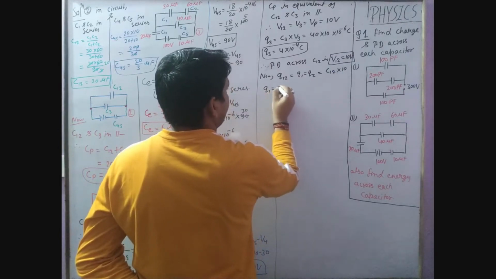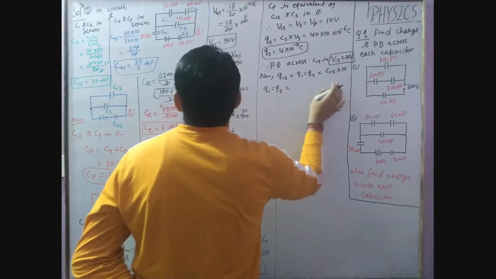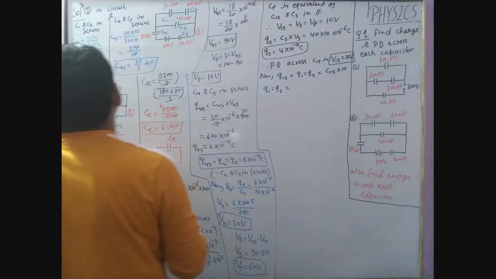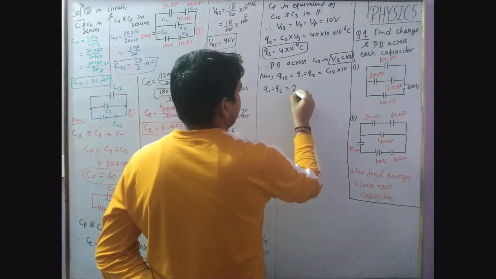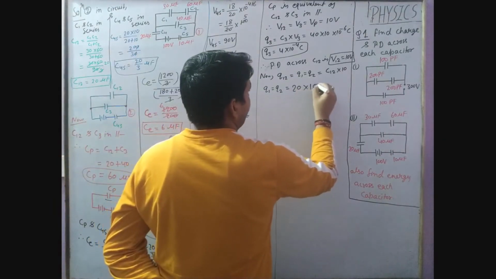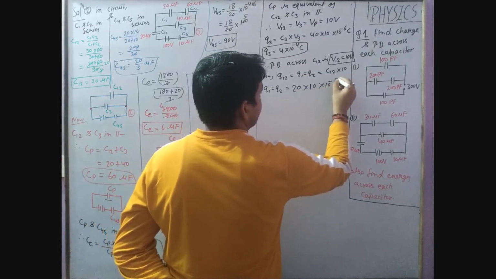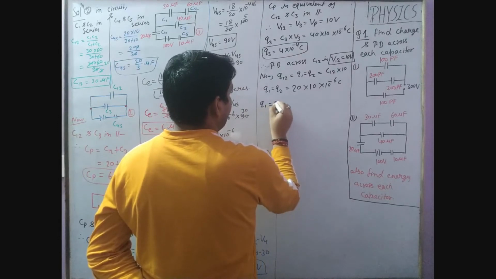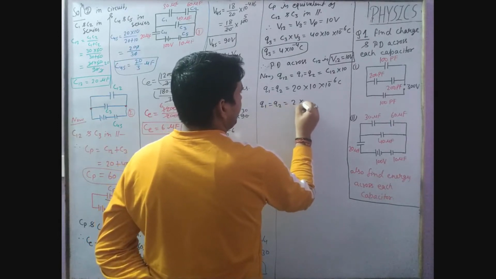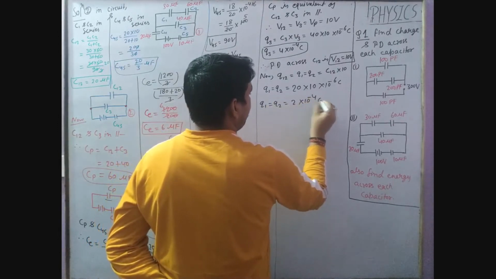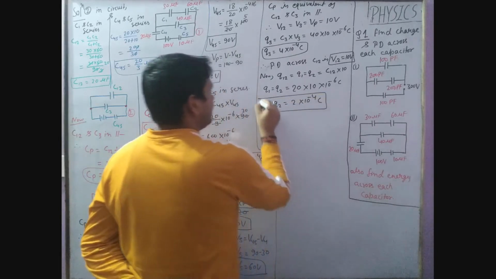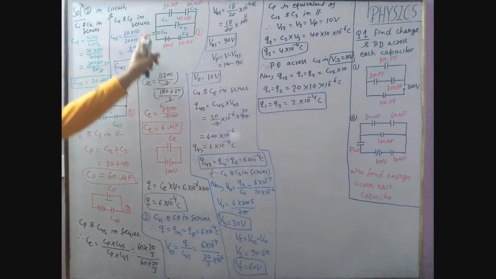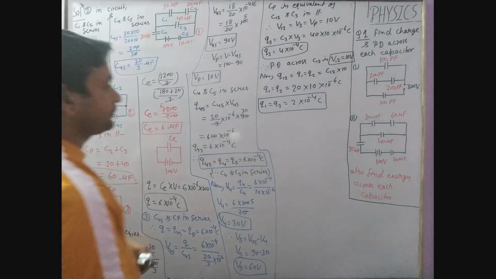Therefore Q1 equal to Q2 equal to C12, we have 20, into 10 into 10 to the power minus 6 coulomb. This we get Q1 equal to Q2 equal to 2 into 10 to the power minus 4 coulomb. This is the charge across the two.